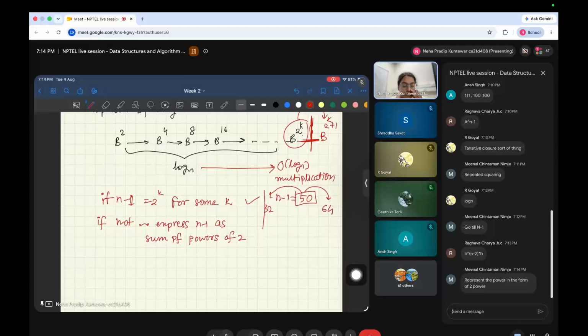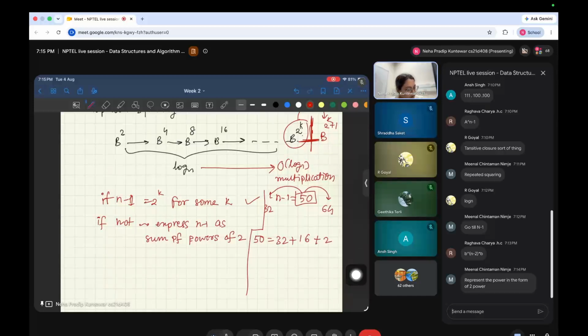So in this case, how do you write 50 as a sum of powers of 2? So 50 is 32 plus 16 plus 2, correct?